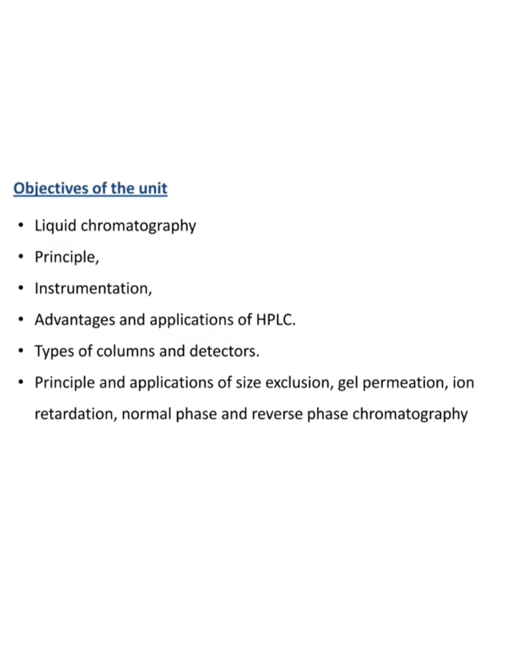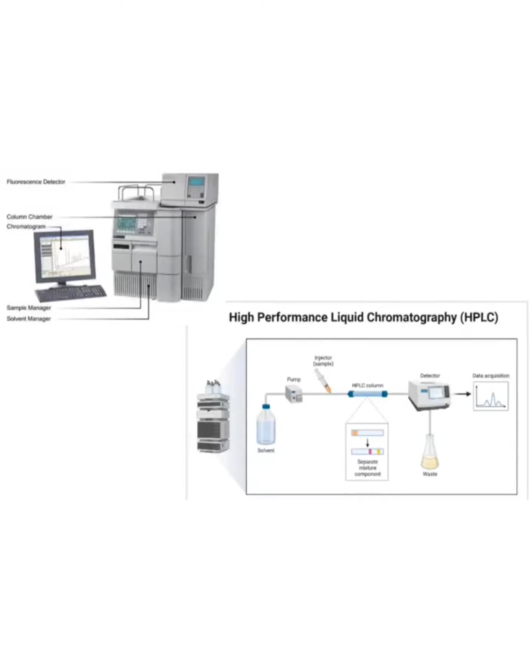The column size of this HPLC will be around 2 to 5 millimeter diameter and the length approximately 50 centimeters, in the packing.